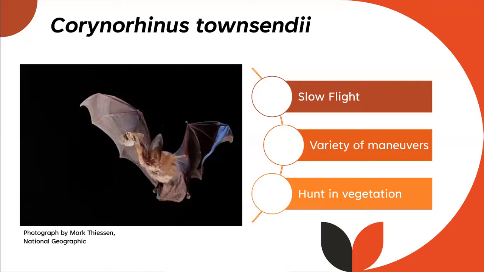And so we decided to start analyzing Parnell's townsendii, Townsend's big-eared bat. Reasons being, they are very slow flyers, which makes filming them relatively simple. The shape of their wings allows them a wide variety of maneuvers that not necessarily every bat can do, things like hovering in one place.